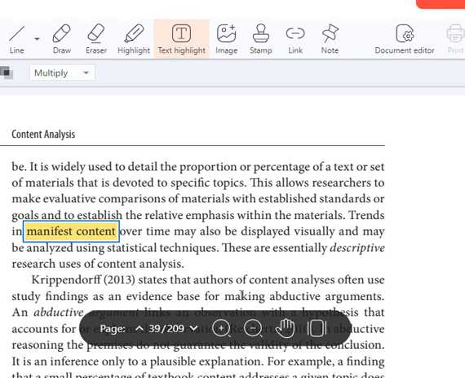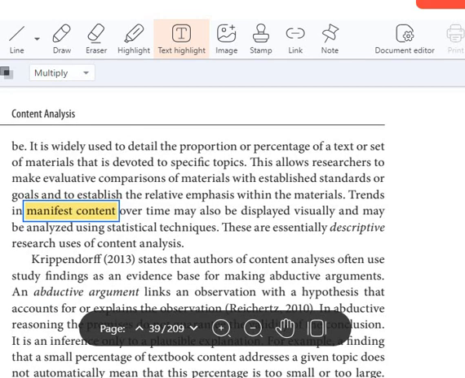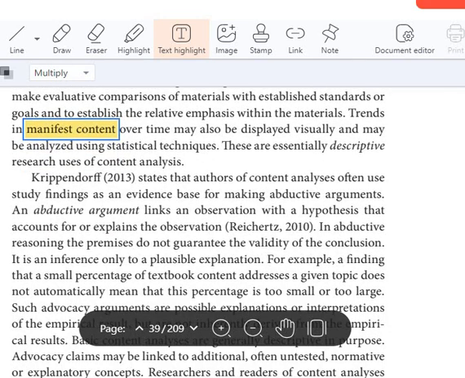Okay, the authors of content analysis often use study findings as an evidence base for making abductive arguments. What do we mean by abductive arguments? We mean by it that it links an observation with a hypothesis that accounts for or explains the observation. So the abductive argument depends on the presence of evidences in the content or in the communication you are analyzing.